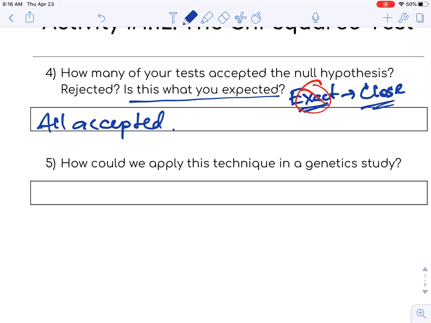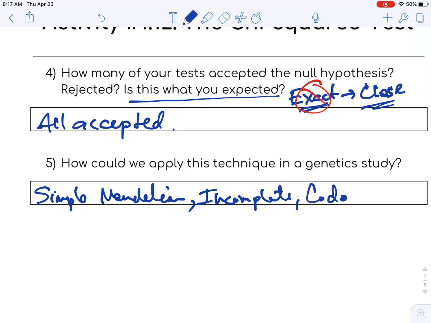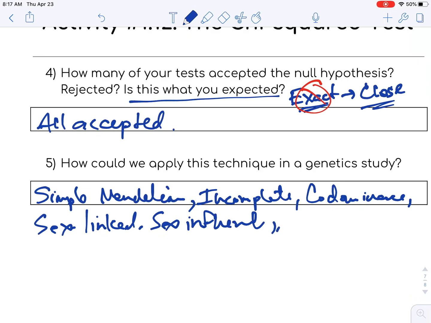How can we apply this technique in a genetics study? Well, thinking about this one, and this is where it gets interesting. We just modeled simple Mendelian. But if you think about it, we also know about incomplete dominance, codominance. We also know about sex-linked, sex-influenced, multiple allele, and polygenic traits.